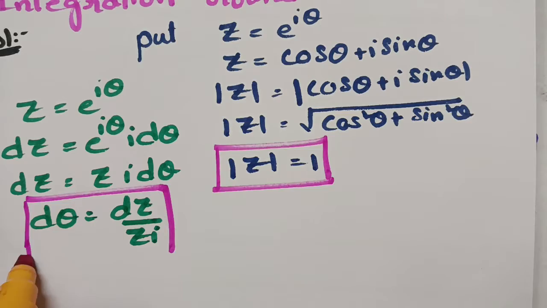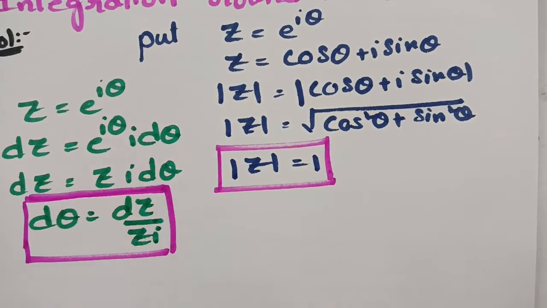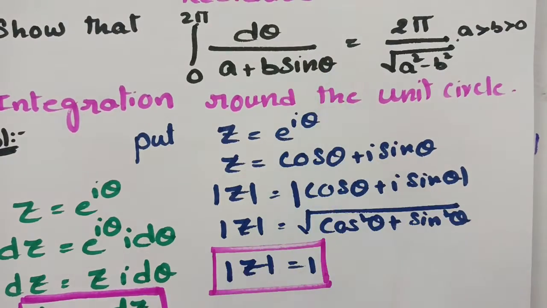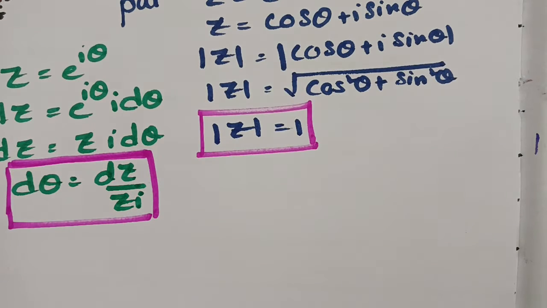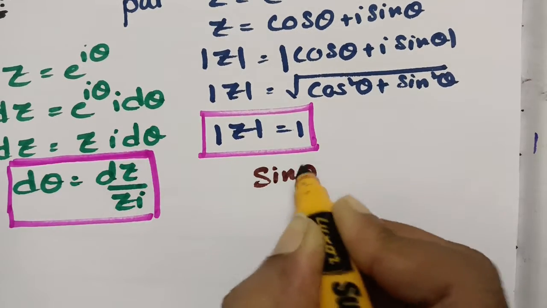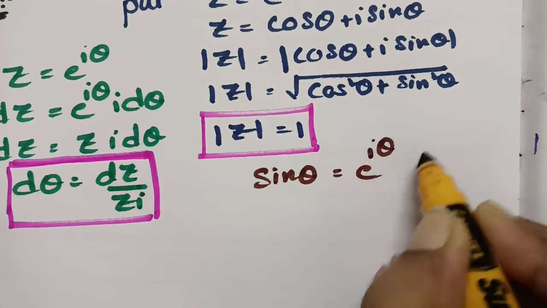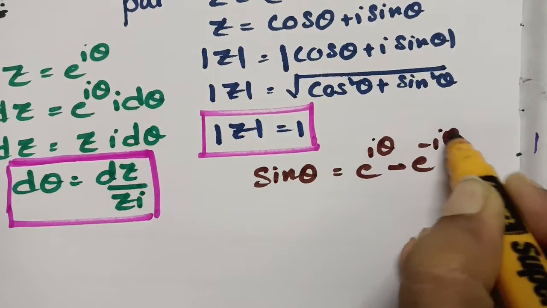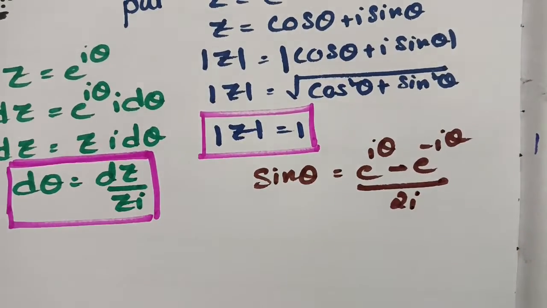After getting d theta, again I need the value of sine theta. For sine theta, I can write this as e power i theta minus e power minus i theta by 2 i.